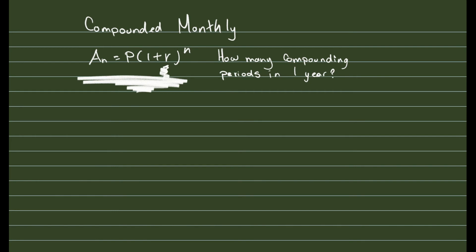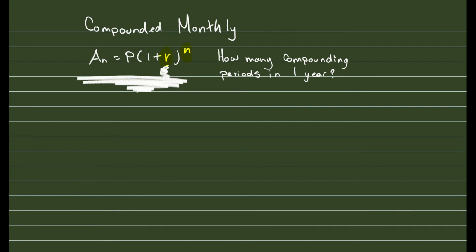This R is no longer the rate for the year, but rather the rate for each compounding period, so the rate per month. This n is no longer the number of years, because we don't have 1 year, 2 years. We have 12 months, 24 months, and so on.